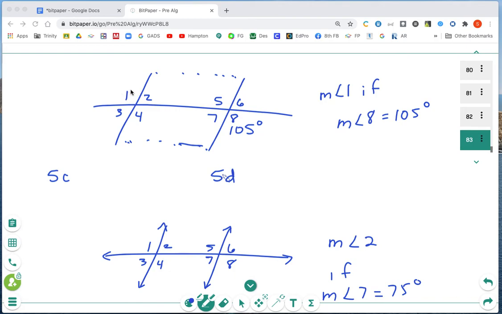Angle 1 is above the transversal. Angle 8 is below the transversal. So they're alternate exterior angles. Alternate exterior angles are congruent, or they're equal. So that would make angle 1 105. Alternate exterior.